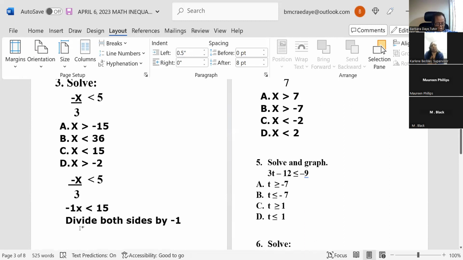That would give you x, because now you divided out the -1, right? So what would you get over here on the right side? 15 divided by -1 gives you what?